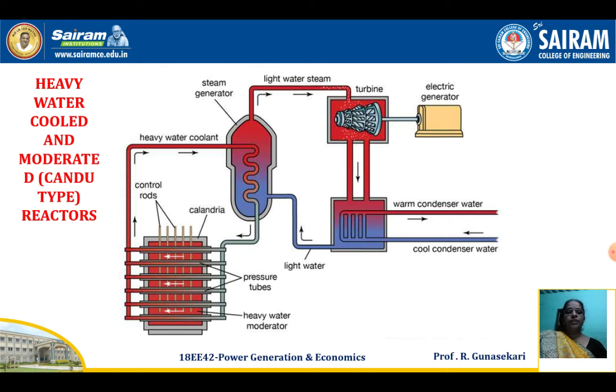The turbine is coupled with the alternator, so the alternator converts mechanical energy into electrical energy. The exhaust steam from the steam turbine goes to the condenser, where it is cooled, and then the cooled water, that is the light water, comes again to the heat exchanger, then the reactor core, like this. This is a cyclic process.